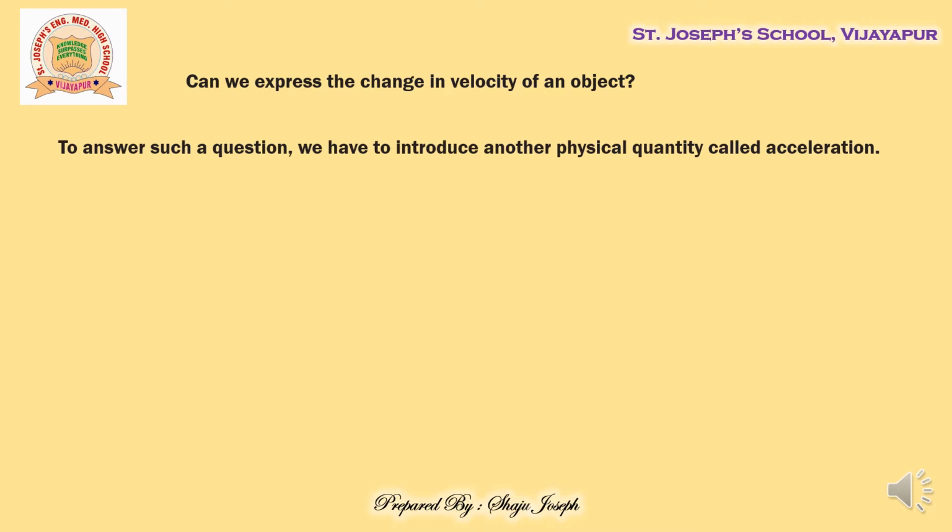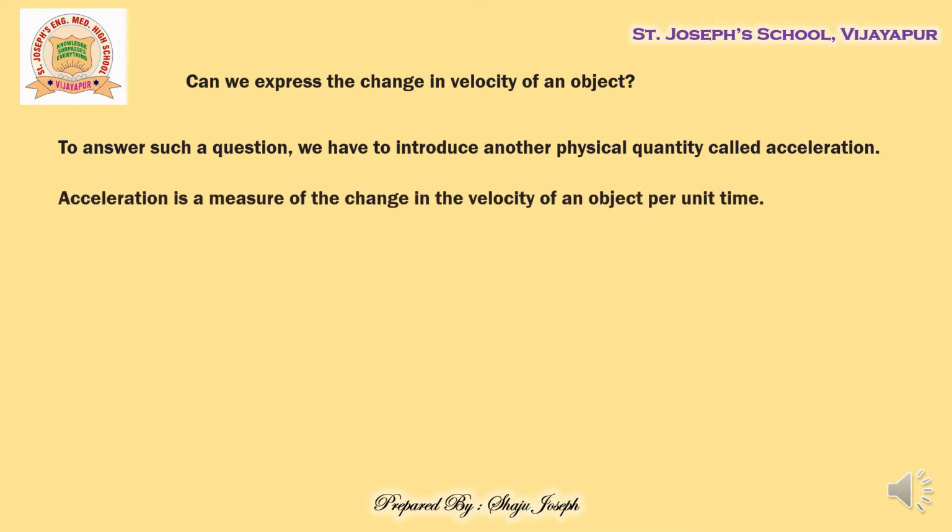To understand this change of velocity, we need to introduce a new physical quantity, which will help us answer the question: what is the change of velocity of an object with respect to time? We will call this quantity acceleration. The definition of acceleration says it is a measure of the change in the velocity of an object per unit time.